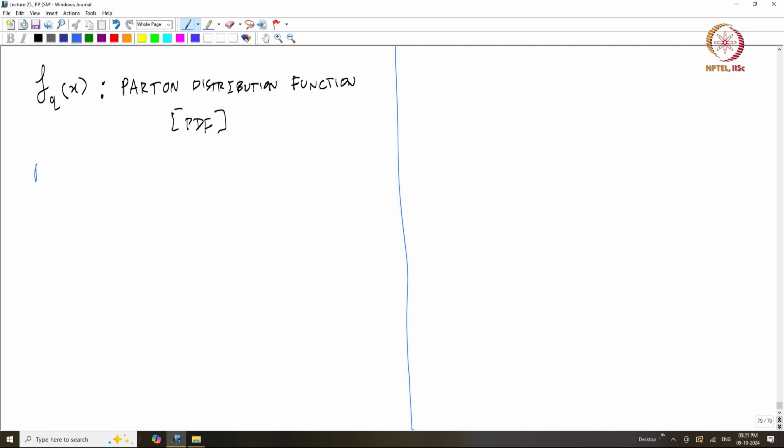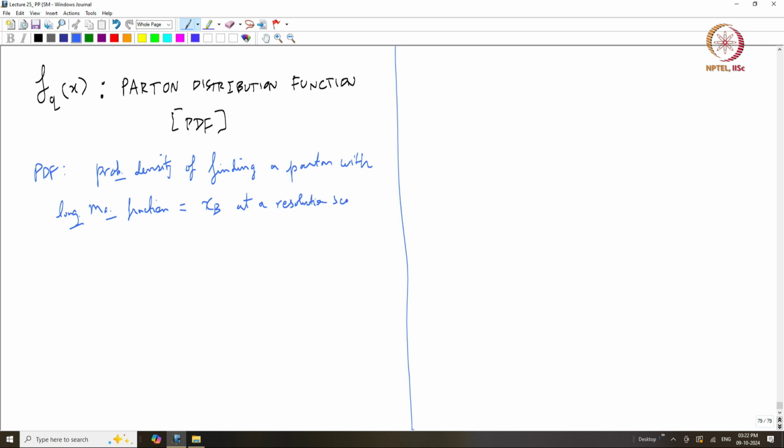The PDF is nothing but the probability density of finding a parton with momentum fraction, longitudinal momentum fraction, of xb at a resolution scale of q. Is that clear?